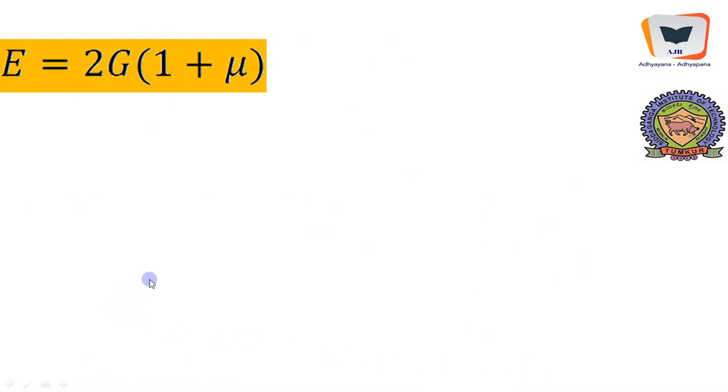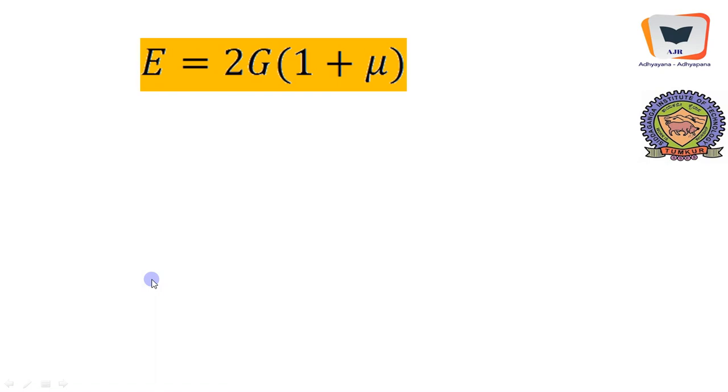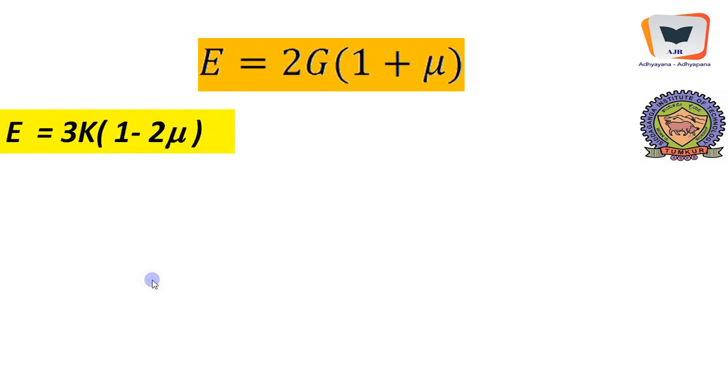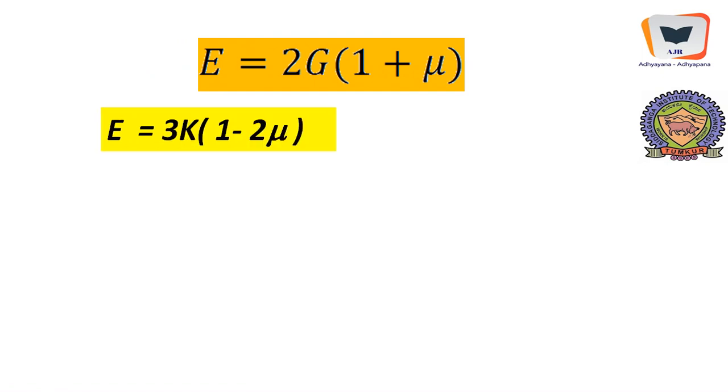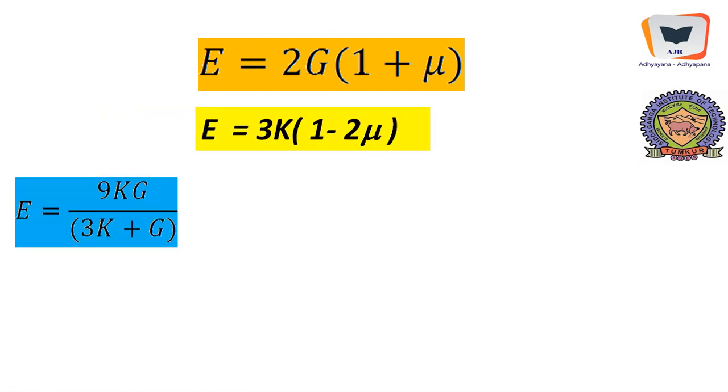E equal to 2G into (1 plus mu) relating E and G, and E equal to 3K into (1 minus 2 mu) relating E and K. And we have developed another relation relating 3 important moduli of elasticity, that is E equal to 9KG divided by (3K plus G).